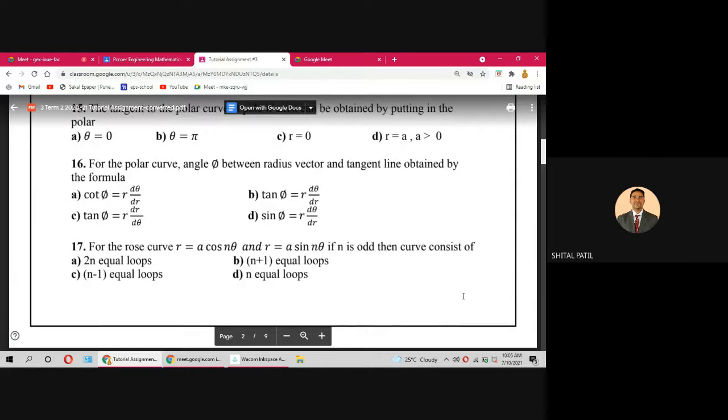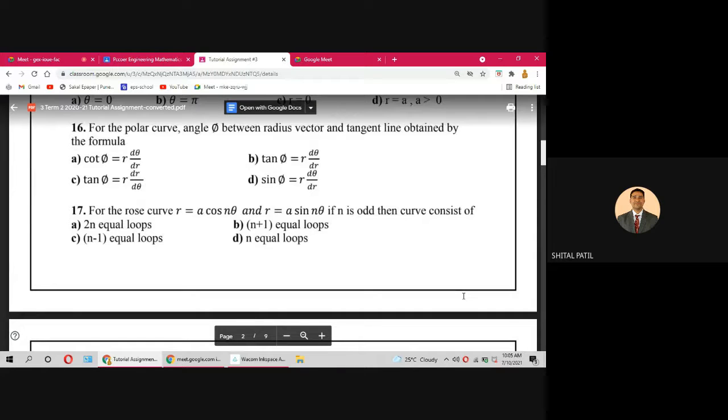Then question number 17, r equal to a cos n theta. Whose equation is this? r equal to a sin n theta or r equal to a cos n theta? Is it the equation of cardioid, or Pascal's limacon, or asteroid?